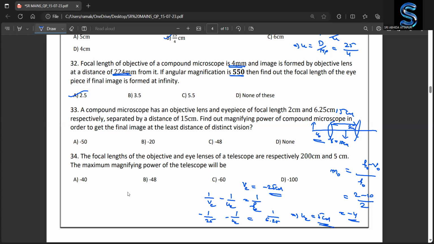Then the magnifying power of the eyepiece is represented as m e equals 1 plus D by f, which is equal to 1 plus 25 by 6.25, which is equal to 5. This represents the magnifying power of the eyepiece, whereas the magnifying power is represented as m naught into m e, which is equal to minus 4 into 5. So it's equal to minus 20. So the option is B.